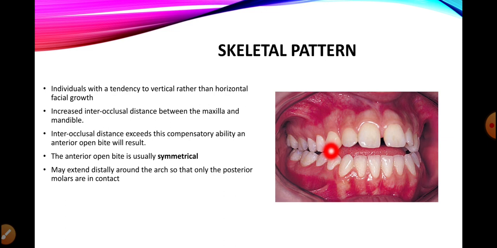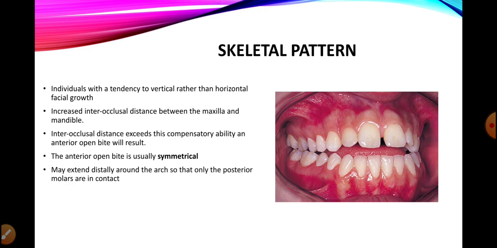As we can see here, the incisors are not in contact, the lateral incisor, the canine, the premolar, the second premolar, and then we can see that the contact is established at the molars. So it varies on the intensity of the open bite: if the interocclusal distance is way greater and the patient has a very long facial tendency, the open bite may extend distally till the molar or the premolar.